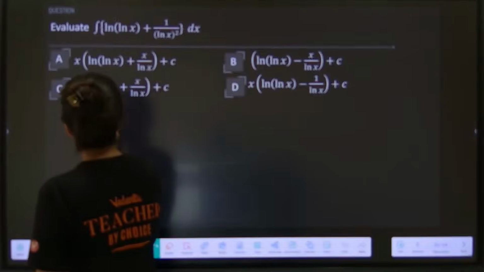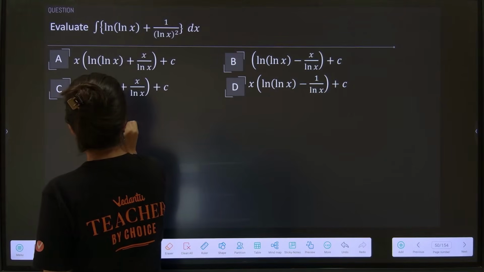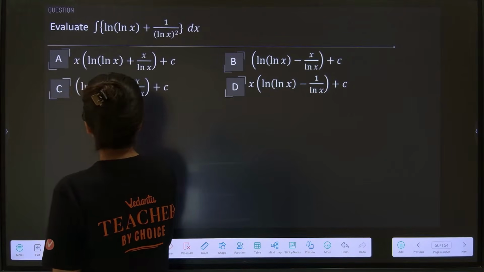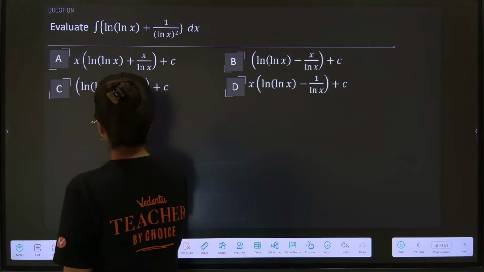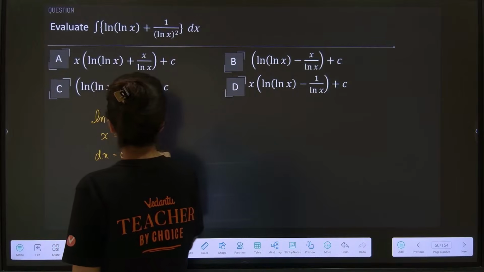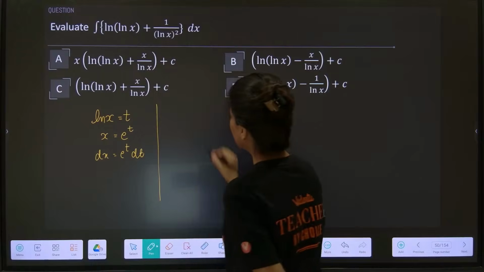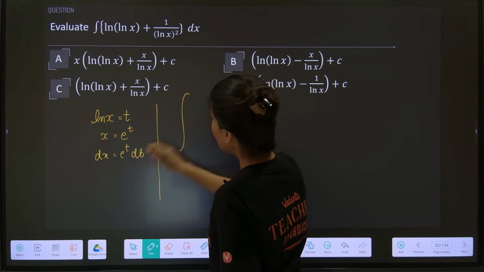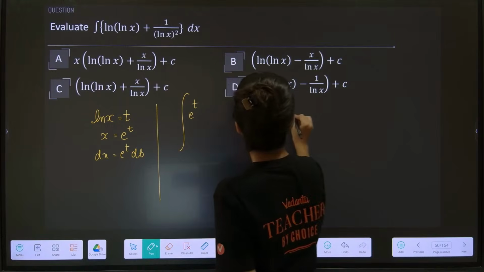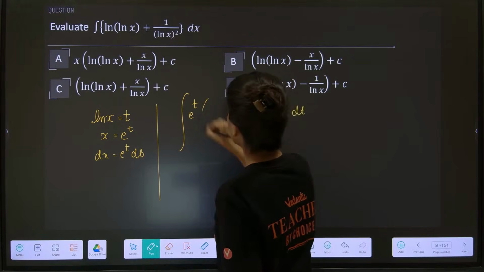See, if we put ln x equals t, will it help? x will be e power t. So dx is equal to e power t dt. Now let's convert. Integration of dx will be what? e power t dt. Okay.